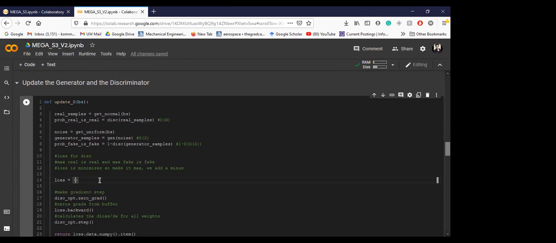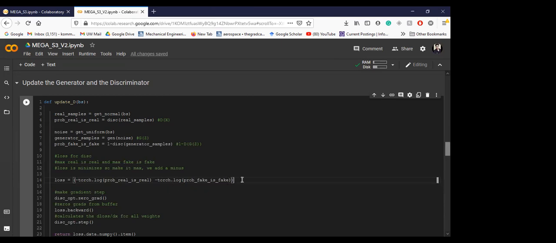So we know that the loss function for a discriminator has two values. One is the log of the probability that something real is real, and then we also have the other term which is saying fake is fake.